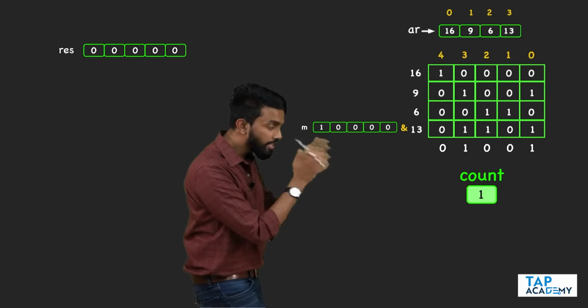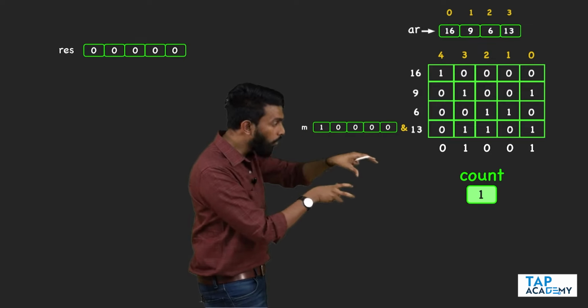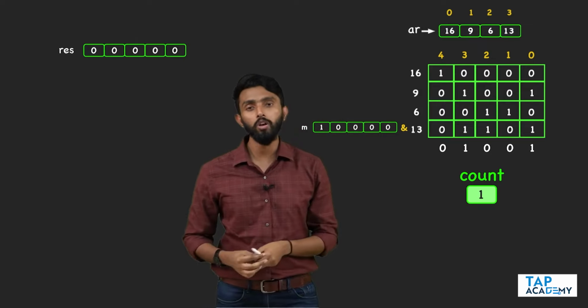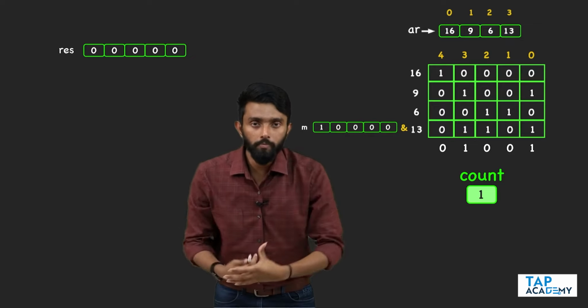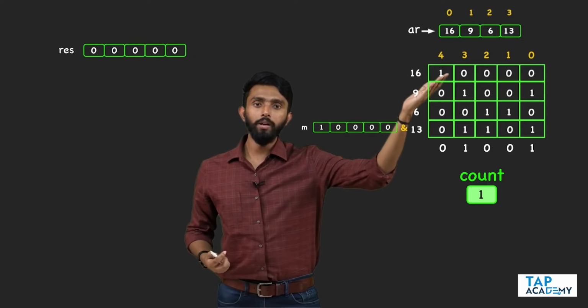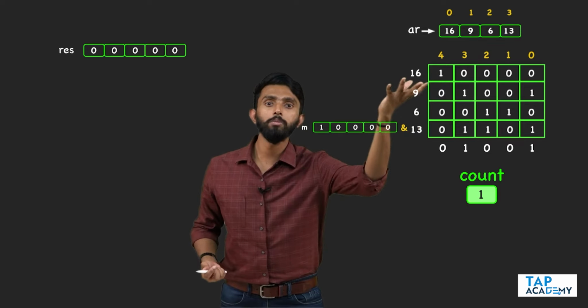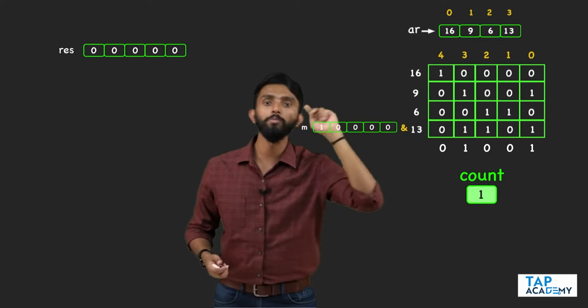Now what is the significance of that count? That count tells me whether AND operation is possible or not, to give me the maximum value. Now if there is only one element, everyone else are zeros. If I do AND, forget about maximum, I will get minimum value because it will become 0.